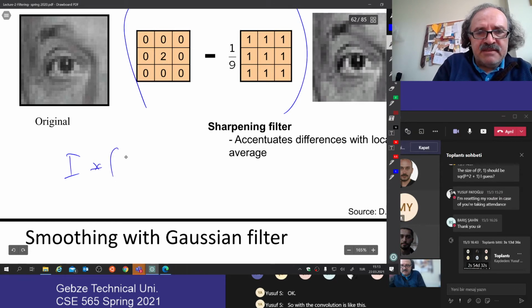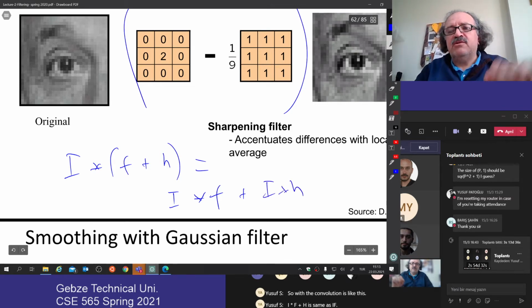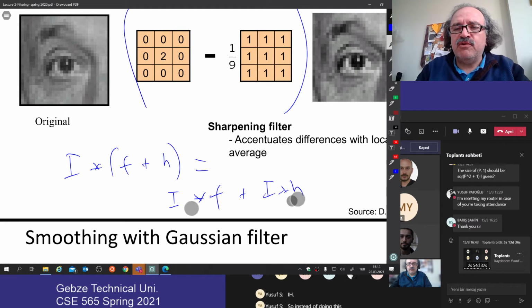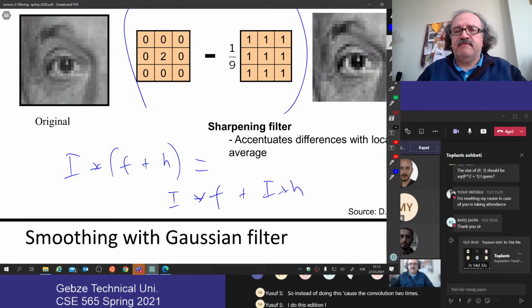I times (f plus h) is the same as I times f plus I times h. So instead of doing this convolution 2 times, I do this addition. I did it once.